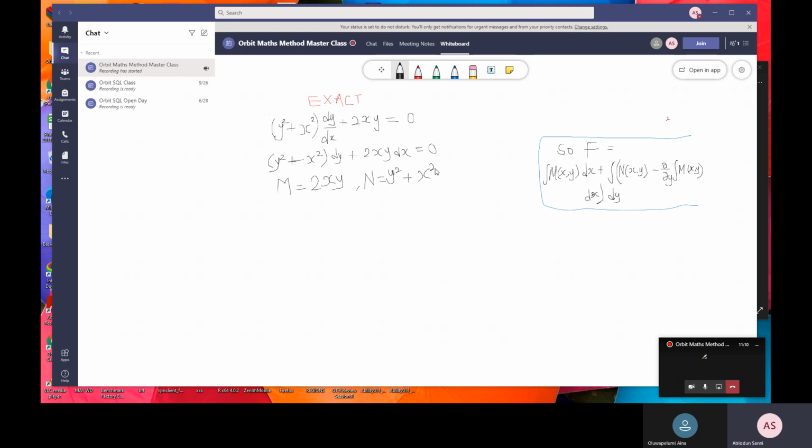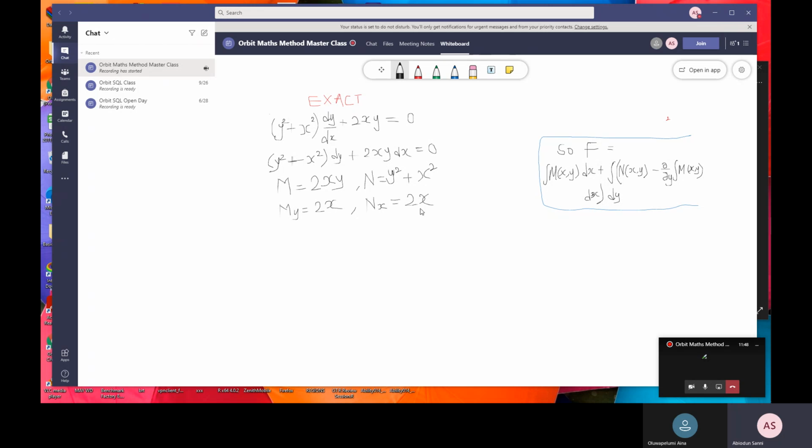So I have to differentiate M partially with respect to y, and I have 2x. Do you agree? Yes. Now if I differentiate N partially with respect to x, I also have 2x. Since the partial derivative of M with respect to y equals the partial derivative of N with respect to x, you can conclude that the equation is exact.